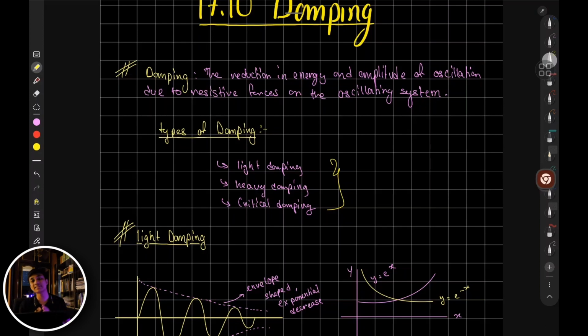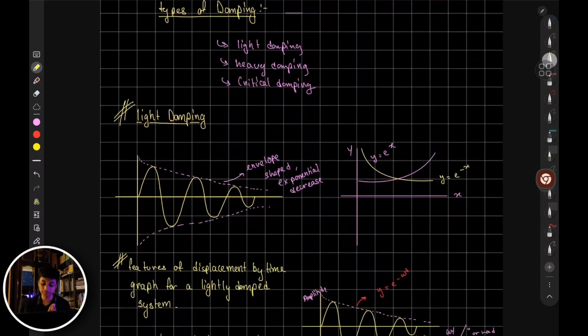There are three main types of damping: light damping, heavy damping, and critical damping. What are those? Let's look into them one by one.